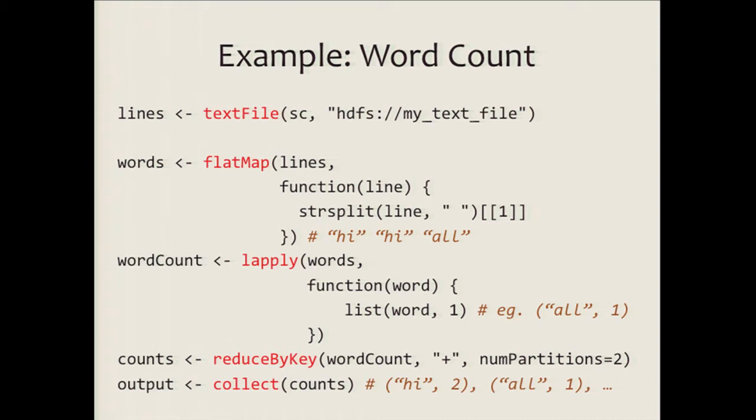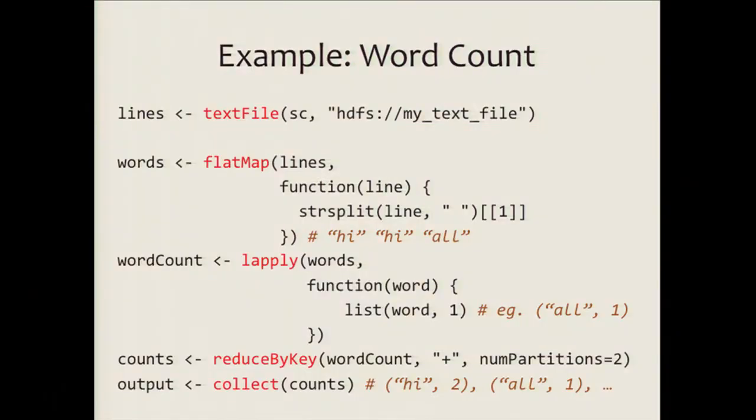So naturally, what we get back is the total occurrence of each word. And this num partition is just telling Spark how many output partitions to use. The last step of this word count example is just calling the Spark collect function on this counts RDD. So we might get back data such as hi, comma 2, and all, comma 1, as an R list.